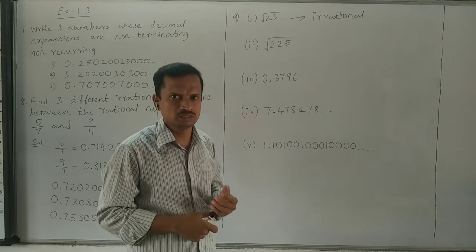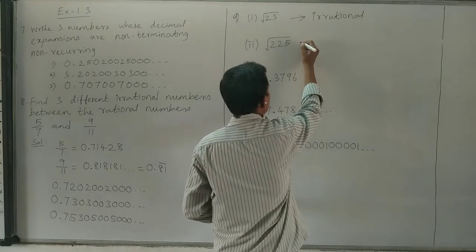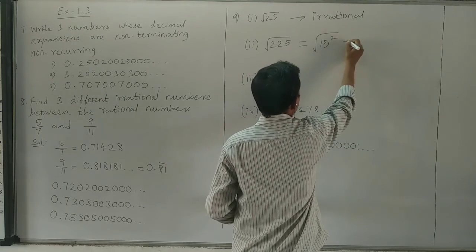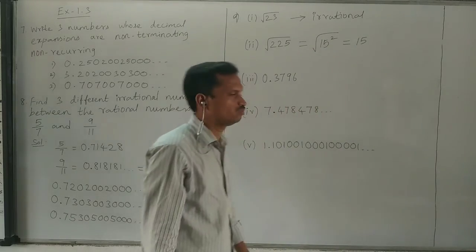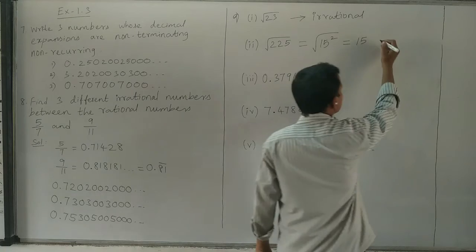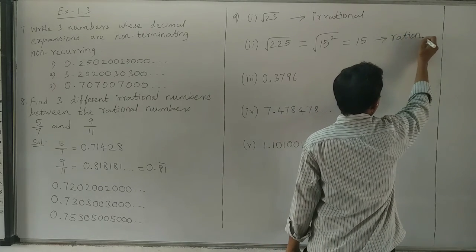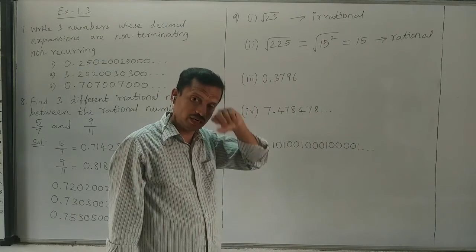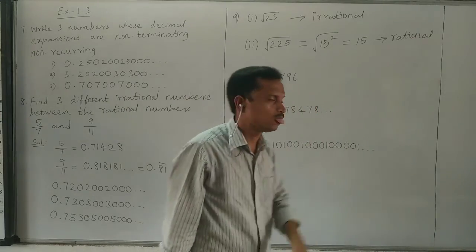So 15 square is 225. And if you take the square root of a square number, you get only the number 15. So 15 is the answer. It is a rational number. They are asking to find rational or irrational, so this is a rational number.